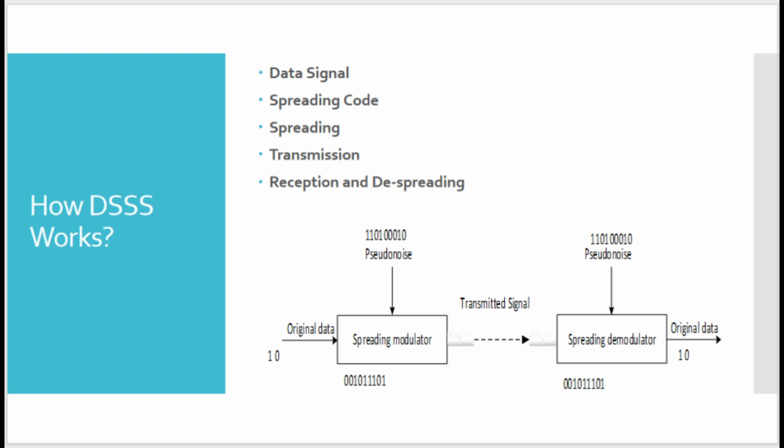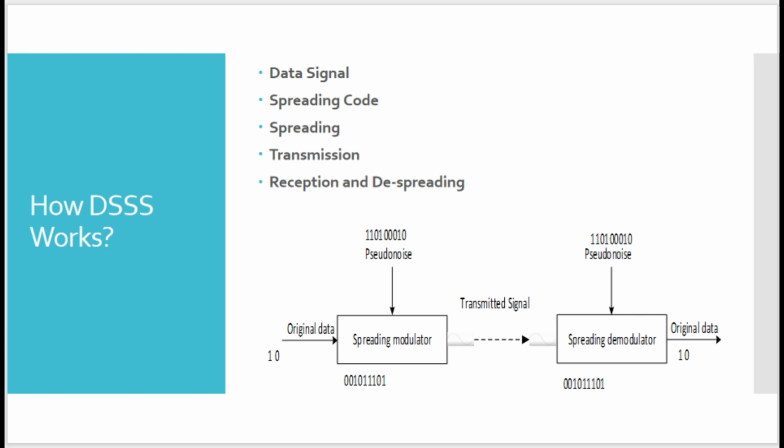It's called the data signal. Spreading code: a spreading pseudo random code sequence, also in binary form, is generated. This code has a much higher frequency than the original data.